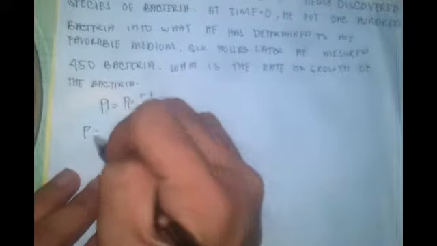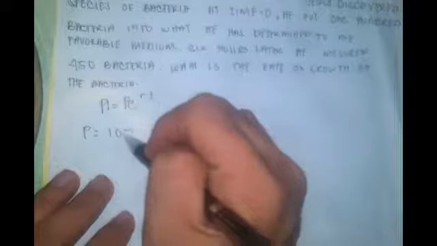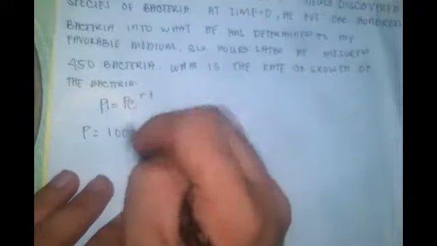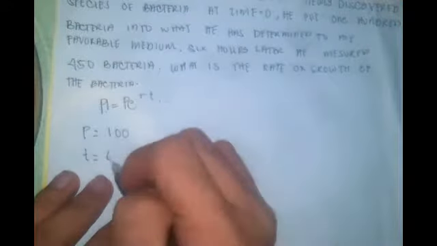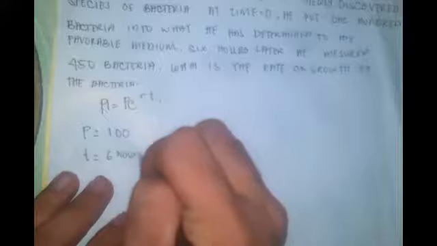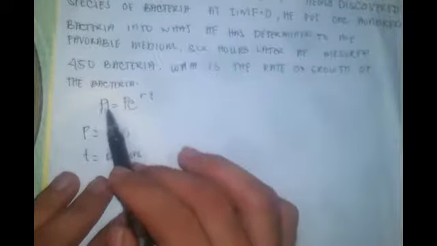According to the problem, P is equal to 100, t is 6 hours, and A is 450 bacteria. The question is the rate of growth, so r is the unknown.